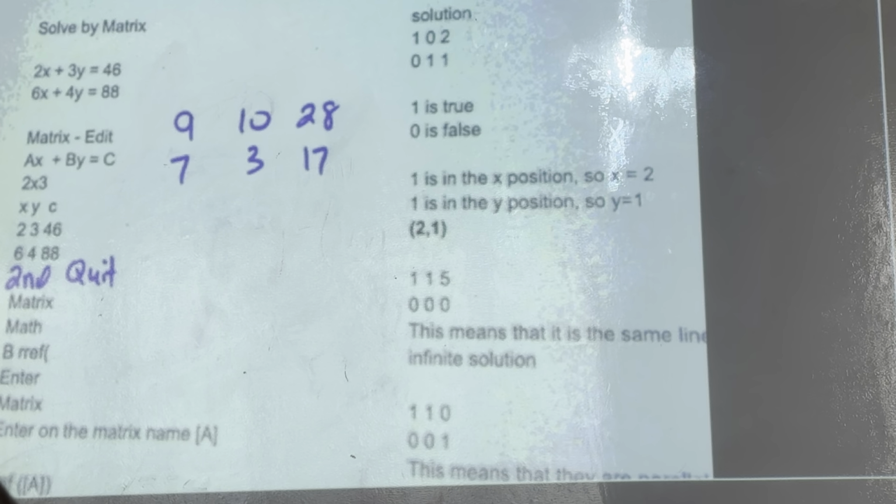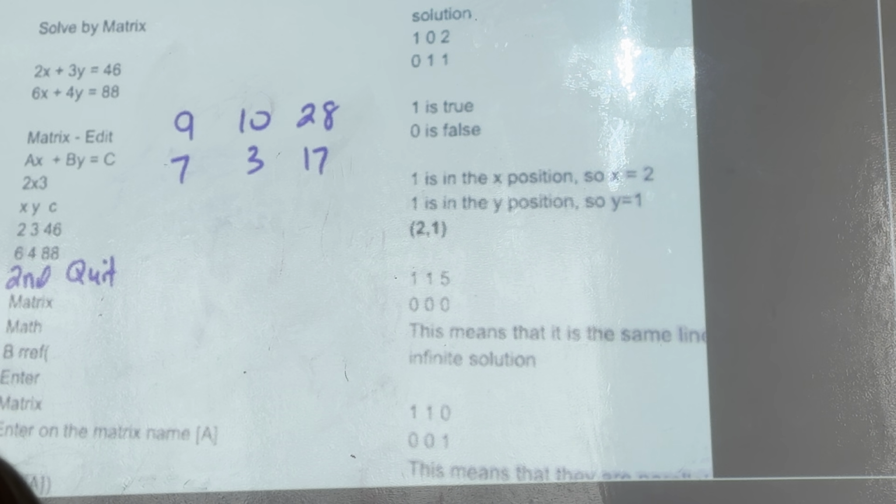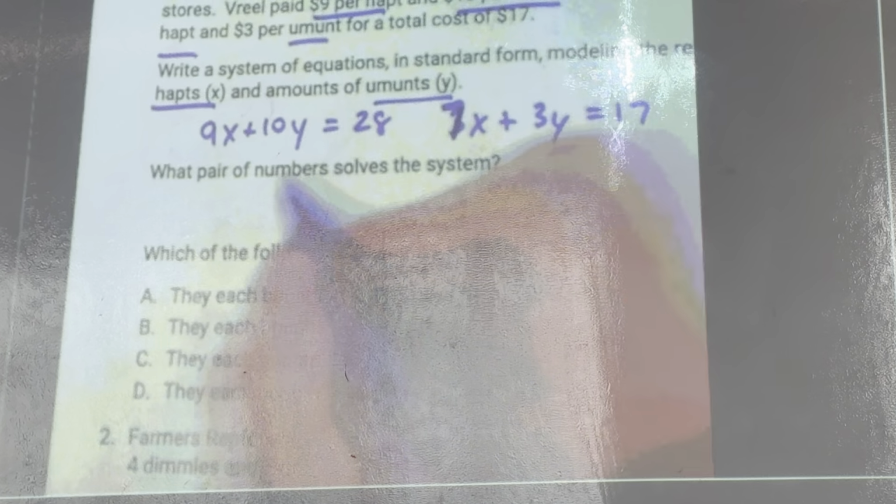I'll show you what it looks like. If you end up with something weird, like those two, that's infinite and no solution. Infinite solution is when it ends up being the same equation, the same line, and no solution is when they're parallel. So, with all that said, number 1, your ordered pair is 2, 1, X and Y.